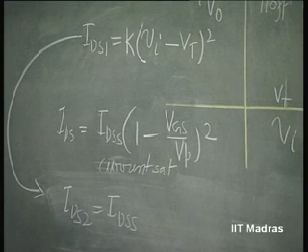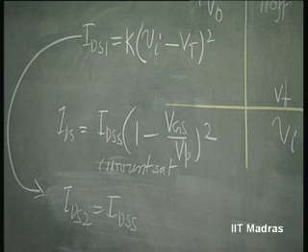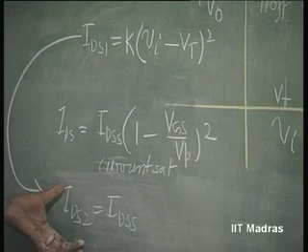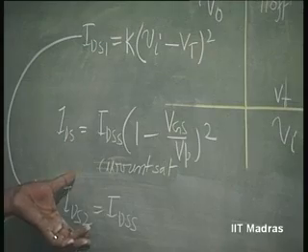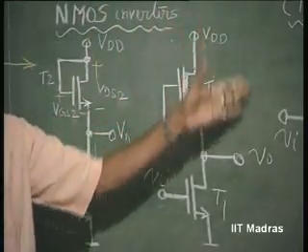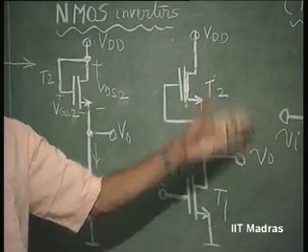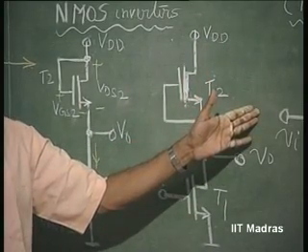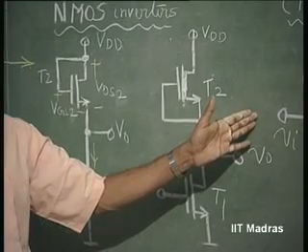So, what is going to be the gain? As long as this is remaining constant at IDSS, this is going to act like a current source. The gain is going to be infinity, strictly speaking.